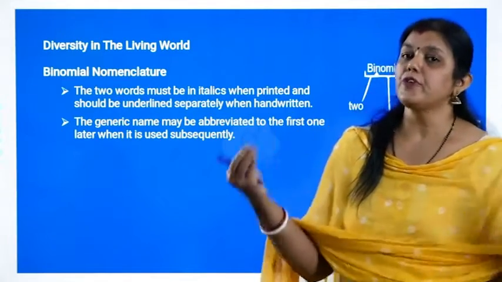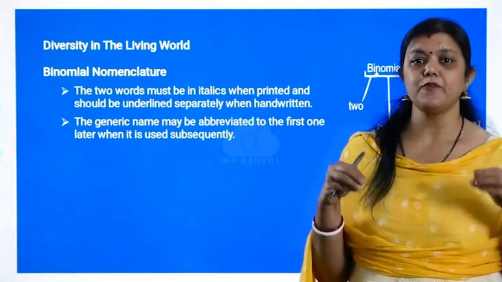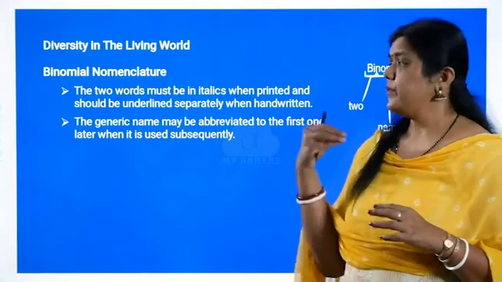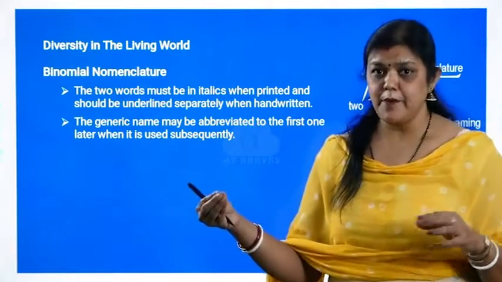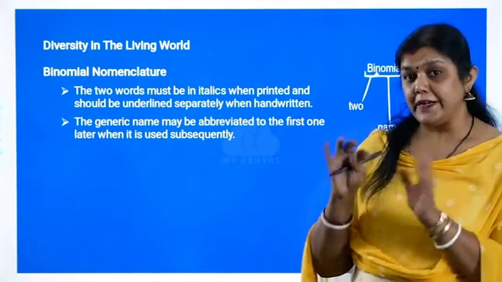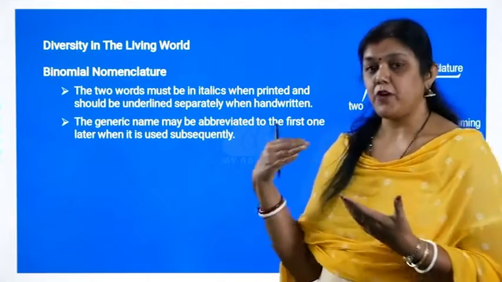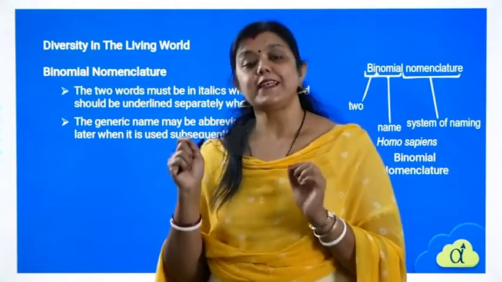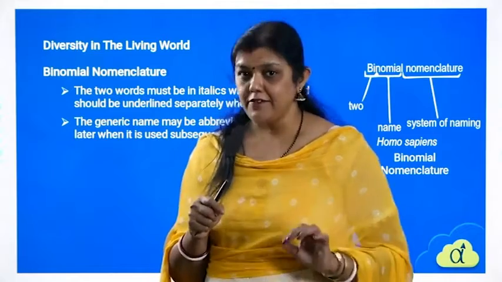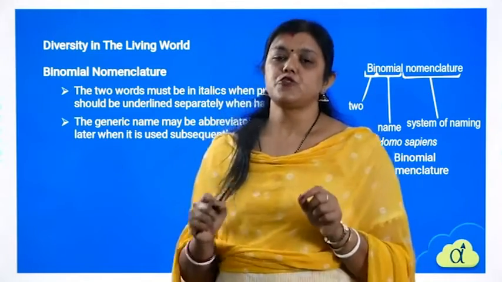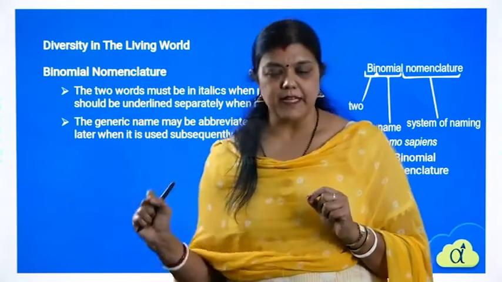Now, how are we going to write the genus name and species name when we talk about organisms? When it is in printed format, when we are reading a book or typing or printing the binomial nomenclature, it should be written in italics. But when we handwrite binomial nomenclature, it should be underlined separately.